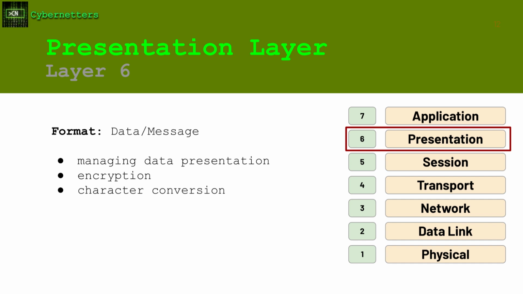For example, it can translate between different file formats. It also handles encryption, which is turning plain data into coded information. And it also makes sure that text data is represented consistently between systems, for example, converting between ASCII and Unicode.